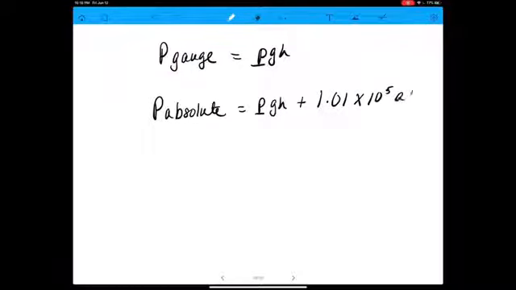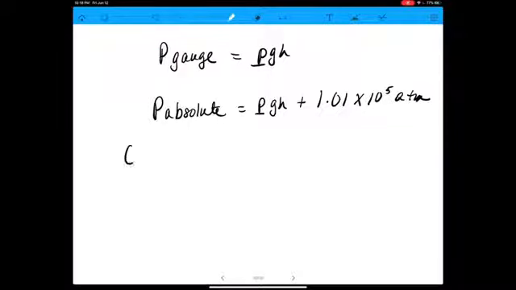Now, because the only difference between absolute pressure and gauge pressure is the addition of the constant value of atmospheric pressure, the percent difference between absolute and gauge pressures becomes less and less important as the pressures increase to very large values.